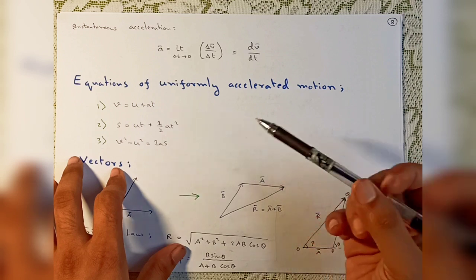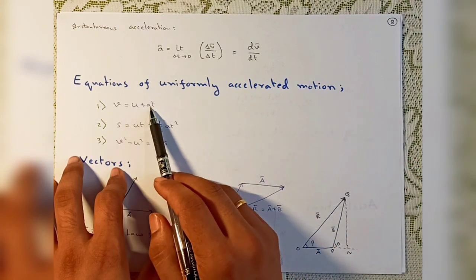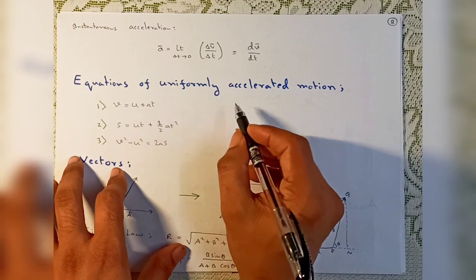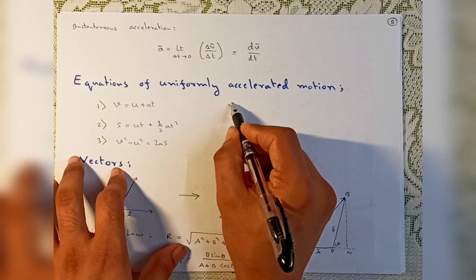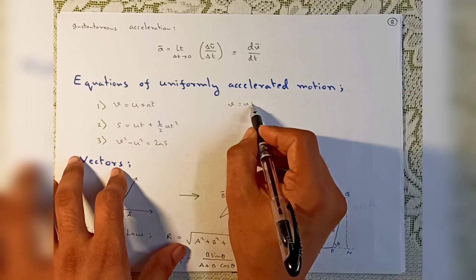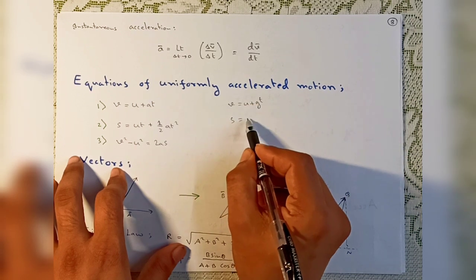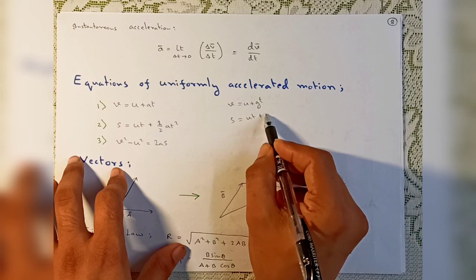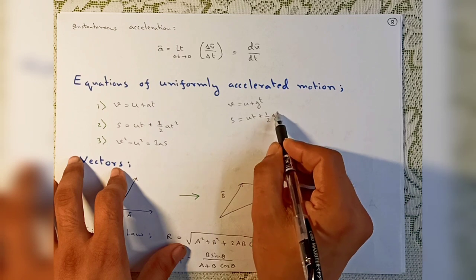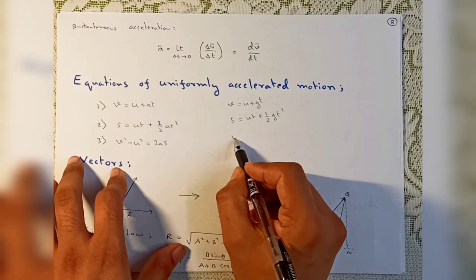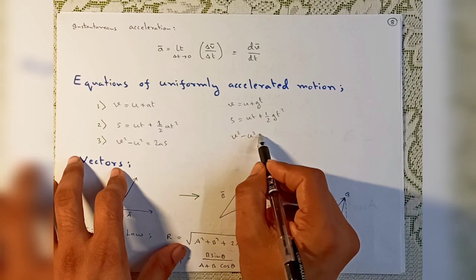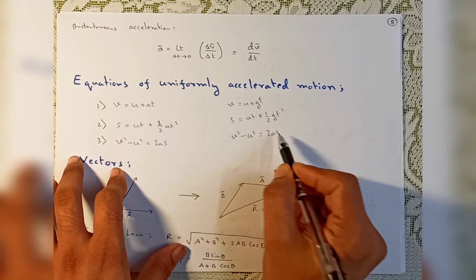Okay, these equations can also be written in terms of g in this way: v is equal to u plus gt, with respect to gravity. s is equal to ut plus half gt square, and v square minus u square is equal to twice gs.